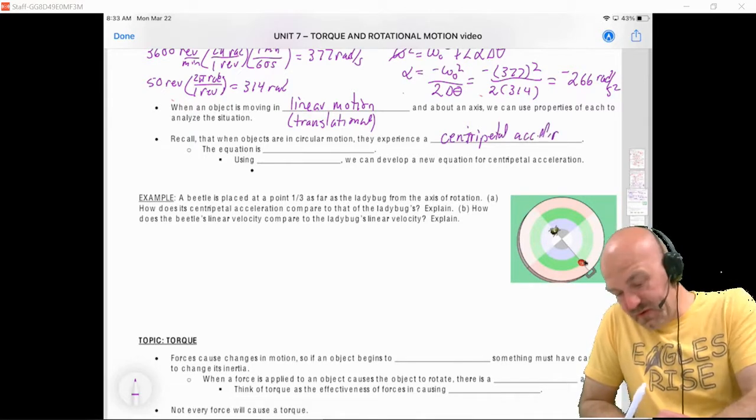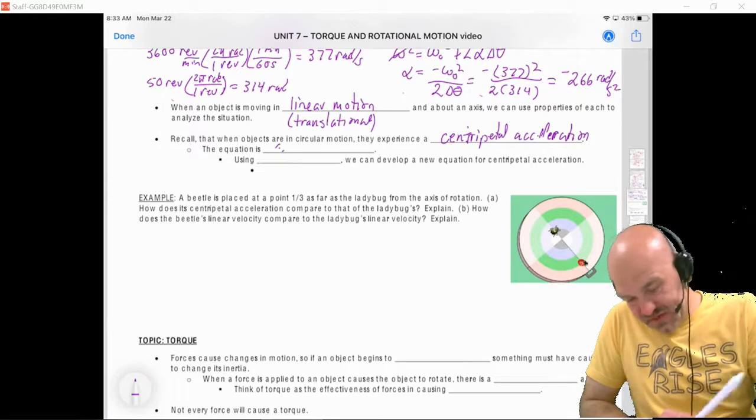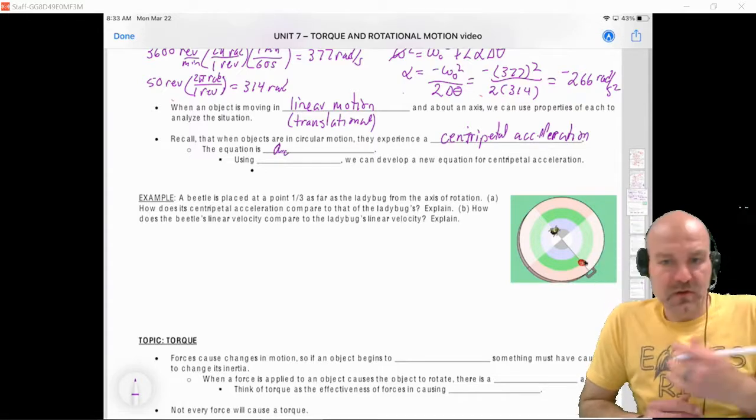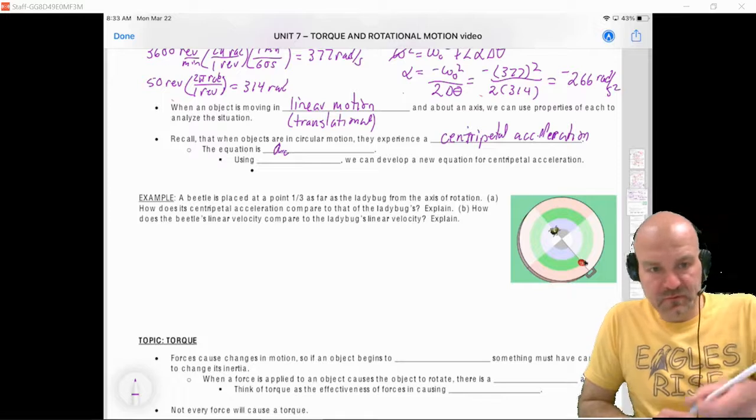But there is going to be a difference as to which acceleration we are really talking about. And remember, the equation is a sub c equals v squared over r. You've got to go way back to when we talked about gravitation for that one.